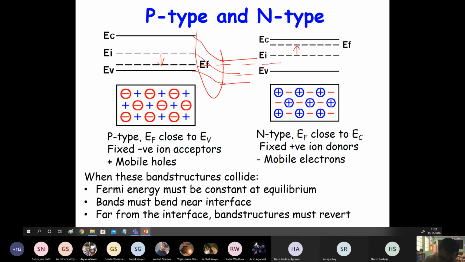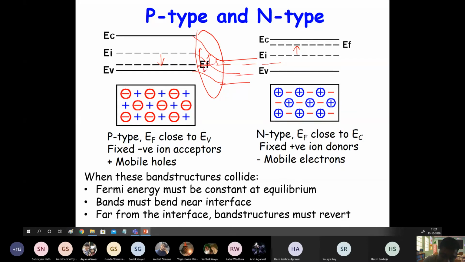Now that means here there are a lot of holes, here there are a lot of electrons, but in the transition region, what will happen? If you see the gap between Fermi level and the conduction band, it is decreasing. So the concentration is changing from small n to large n, and in between it is less.